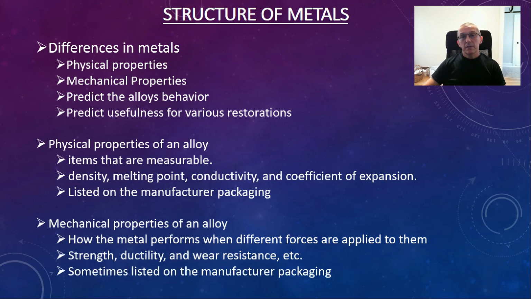These are sometimes listed on the manufacturer packaging and sometimes they are not. The strength generally is listed because when we are using it for restorations, we need to know how malleable, how ductile, and how strong the material is.